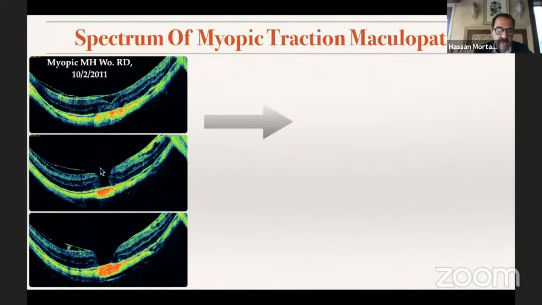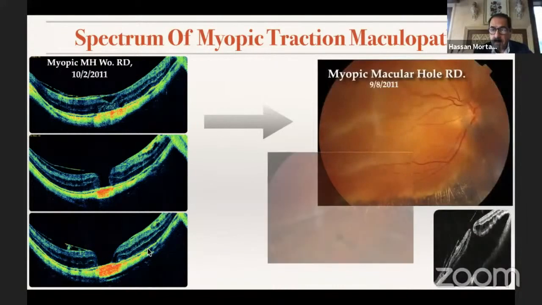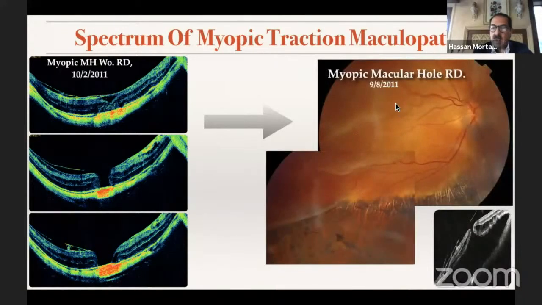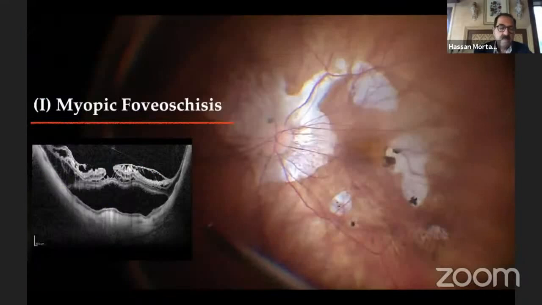Later on, the patient developed this flat macular hole, and then with increasing traction, the macular hole becomes larger, and 6 months later, the patient developed myopic macular hole retinal detachment. So one type of myopic traction maculopathy can pass into the others. They are not completely separate entities.